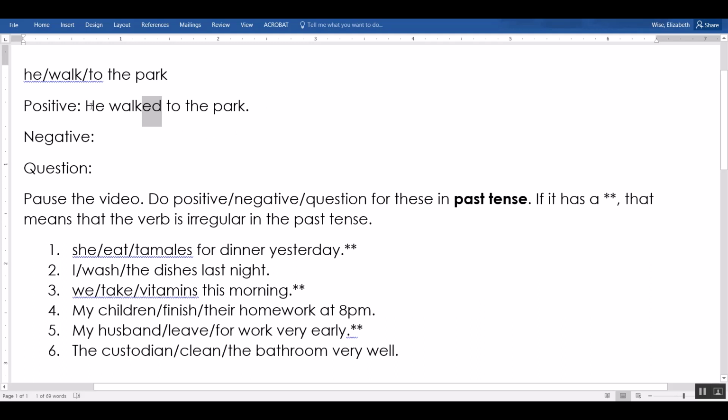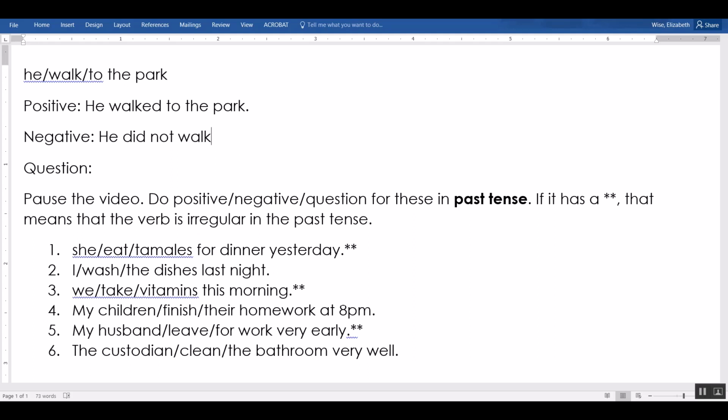Now, what would the negative be? He, and then remember, you can use the contraction didn't, or if you want to, you can say did not. Either one is fine. They're both correct. He did not, and then your second verb is going to be walk. No ED, to the park.